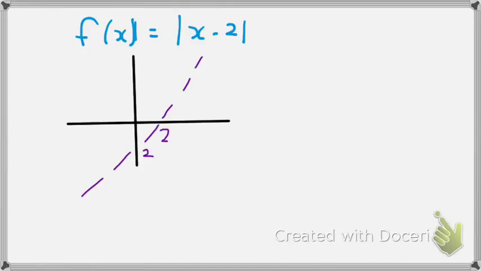Basically I just want to make that positive everywhere. So here it's already positive, so I leave it as it is. Down there it's negative, and I'll just make it positive. Another way of thinking about it is the absolute value of x function shifted to the right 2 units.